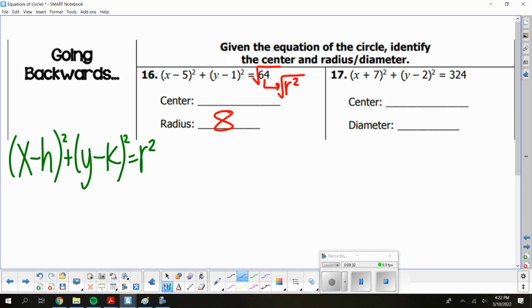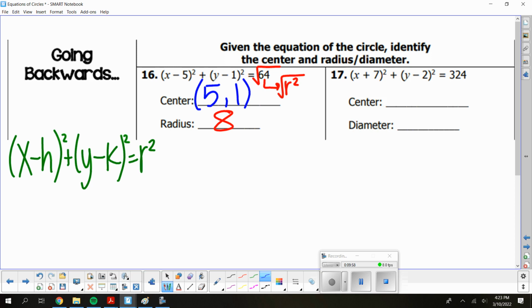But my center, I need to remember that I plugged it in as a minus formula. So if I want to solve that for h, I would actually have to move it over. So this is actually the opposite of what's sitting there. So instead of negative 5, it's a positive 5 that plugs in there to become a minus 5. And instead of a negative 1, it's a positive 1 that plugs in there to become a negative 1.